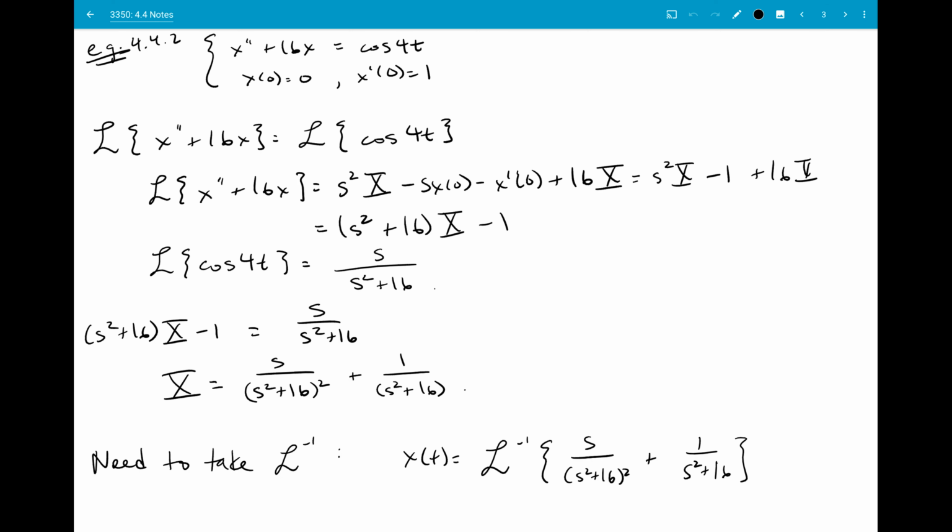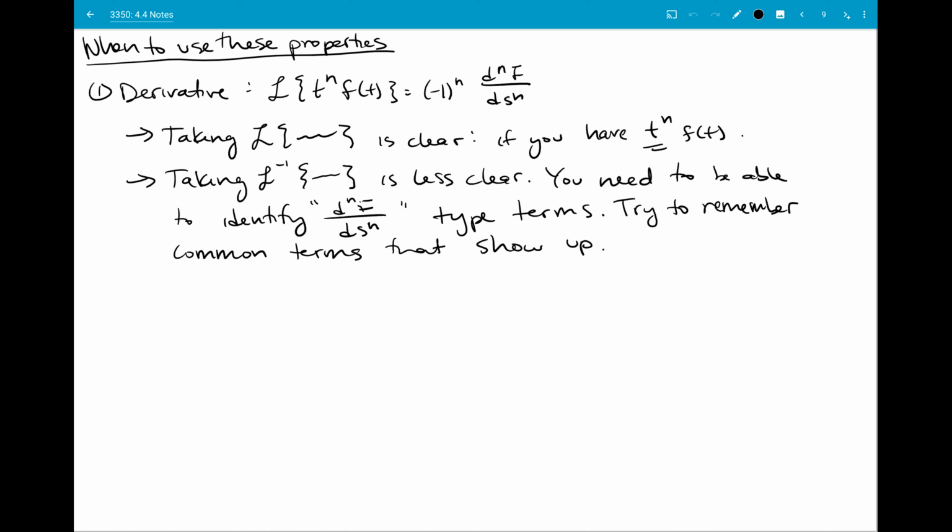What's really tricky about this rule is that in the forward direction of this differential equation, we didn't actually use that property. Usually if we use a property in the inverse, it's because we introduced it in the forward. That's how most of our rules have worked up to now. But for this one, even though we didn't use it in the forward, the algebra that we do to solve for capital X introduces this term. And so there's no clue leading us to know that we used the derivative rule, except if we do know it, it makes our jobs easier.